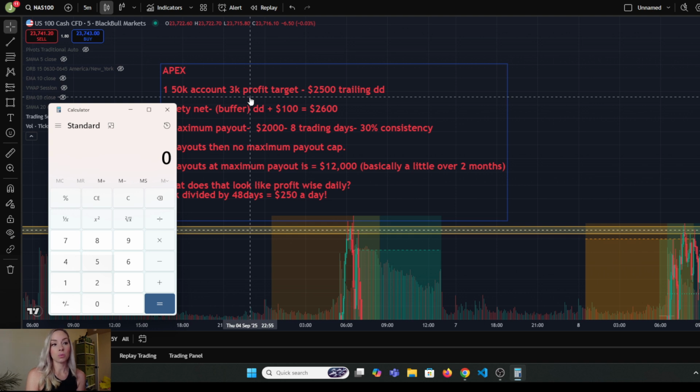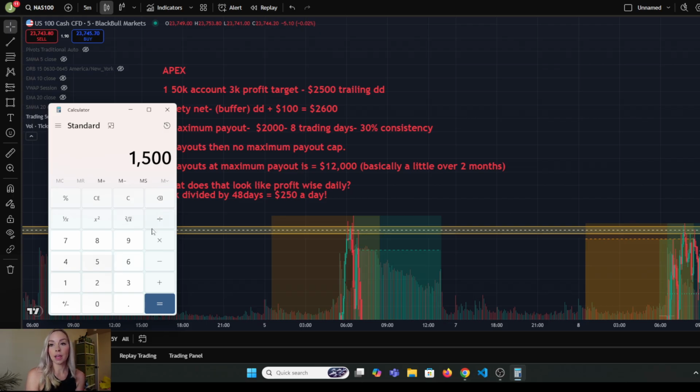What's the easiest way without over-leveraging that's going to get me there? I'll take my $1,500 because I'm going to break this up into 2 trades. And the smartest thing without over-leveraging would be to use 2 contracts for me. You could go a little bit higher, maybe 3 contracts, but for the purpose of this, let's just say 2 contracts.